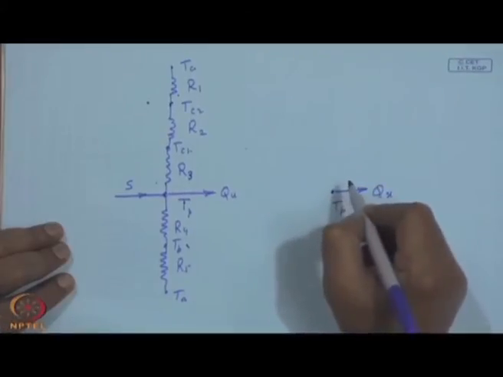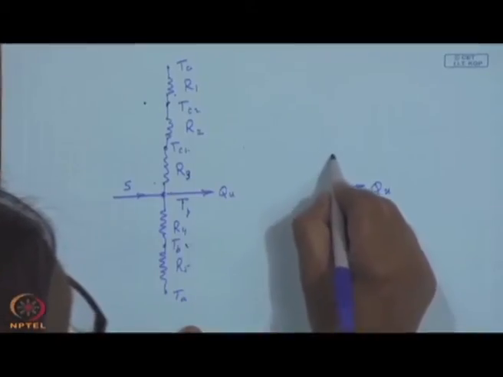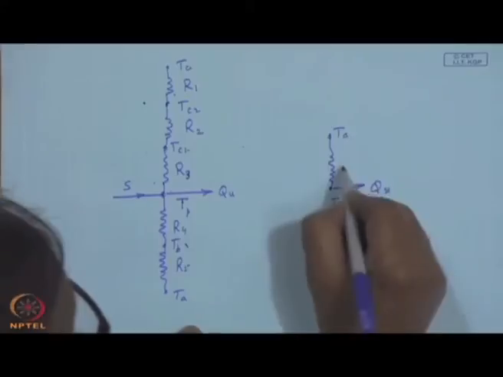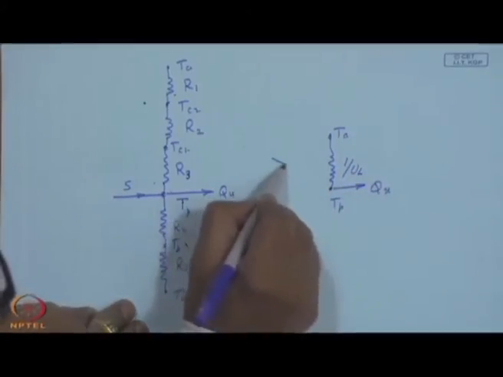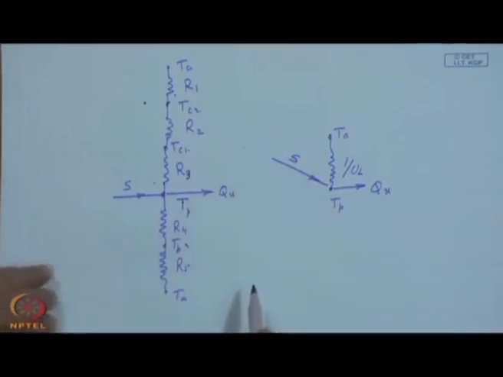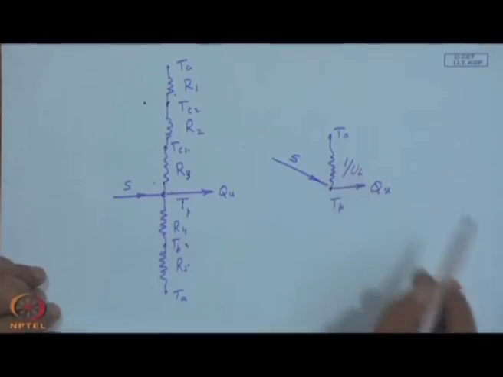The loss is from T p to T a, 1 upon U L, and the incoming radiation is the absorbed radiation S. Okay. So, we have to find out U L or 1 upon U L.